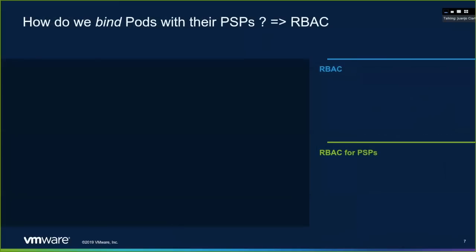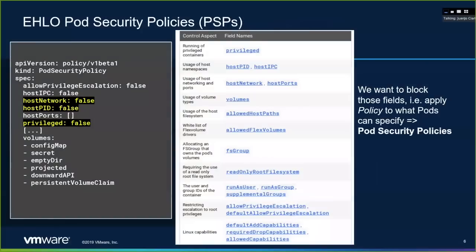The thing is that you have the security policy, and then you need to be able to associate it, because usually in a running cluster you may have a handful of security policies. You may have some workloads that need to be privileged, typically those running in kube-system. Other workloads may not be prepared to run as non-root, so you may want to allow them to run as root containers.